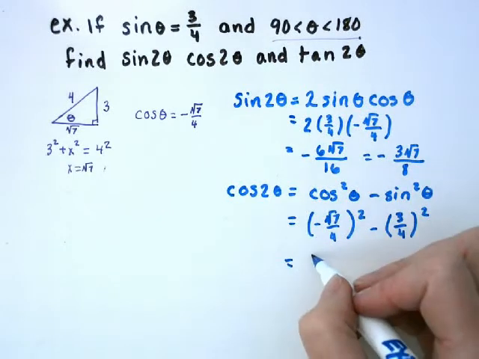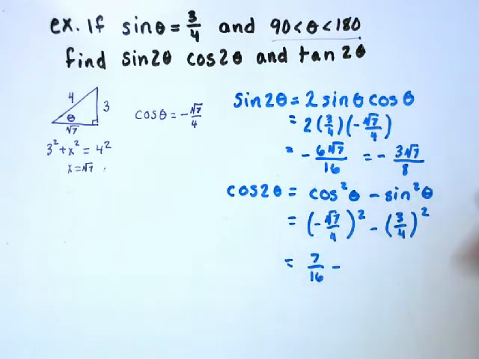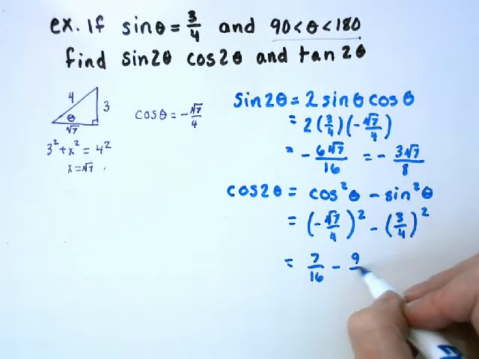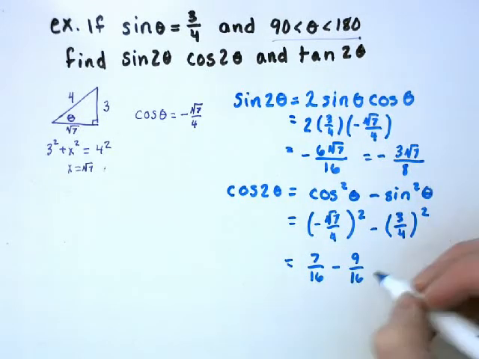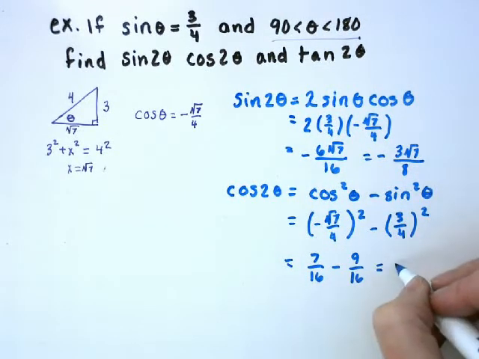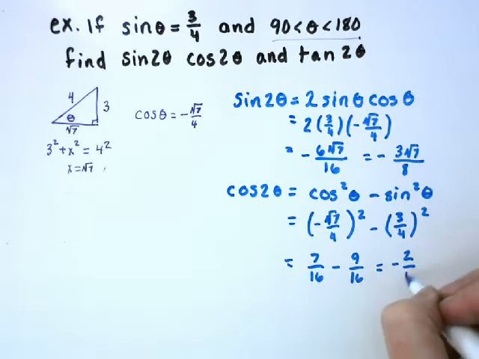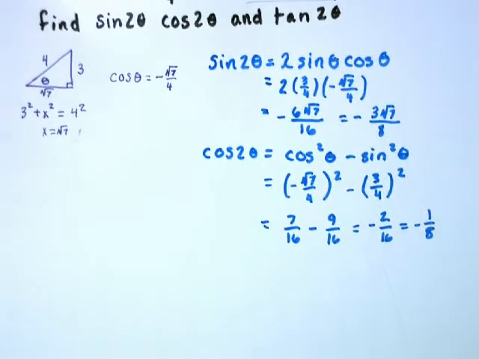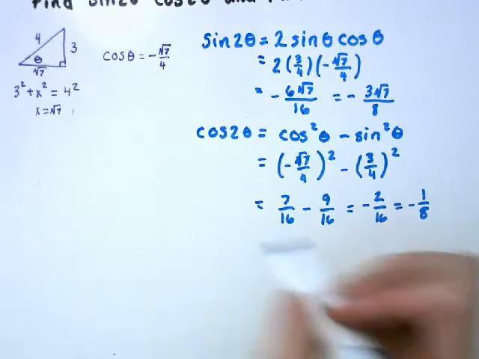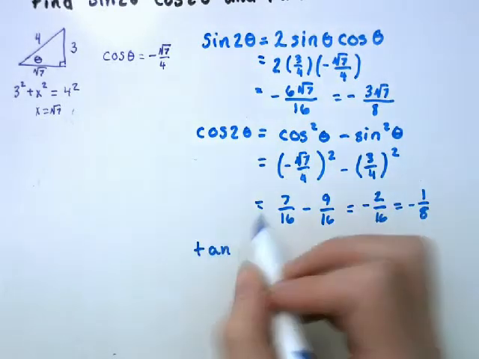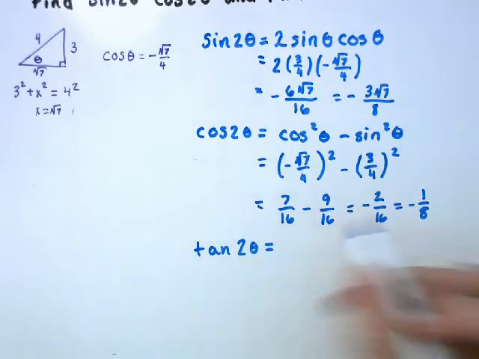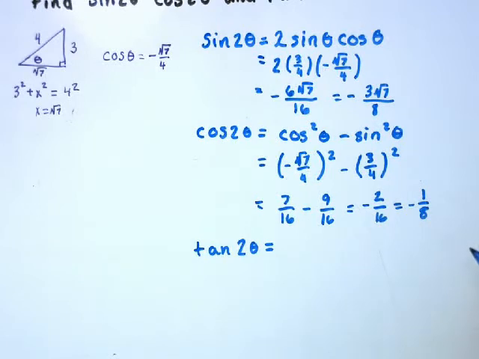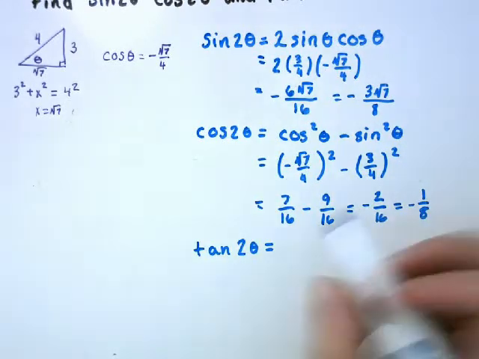That's going to give me a positive 7/16 minus 9/16, which is going to be negative 2/16, which is negative 1/8. For tangent, I'm simply going to use the previous two answers and divide them, because tangent is sine over cosine.